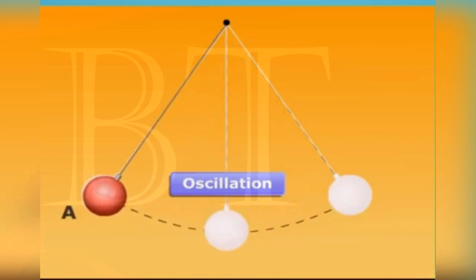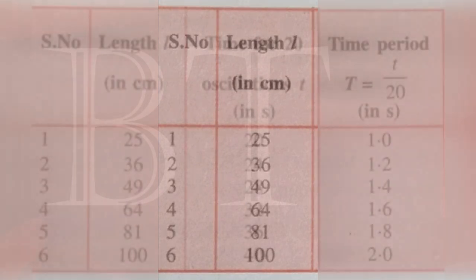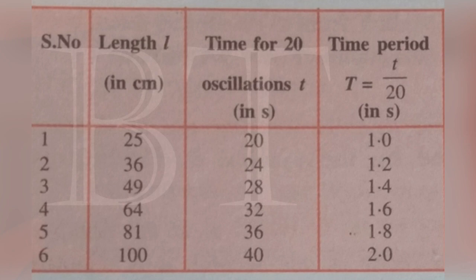The time t for 20 complete oscillations is measured with the help of a stopwatch and then divided by 20 to get the time period T. This experiment is then repeated for different values of lengths of the pendulum, and the observations are recorded in a table.